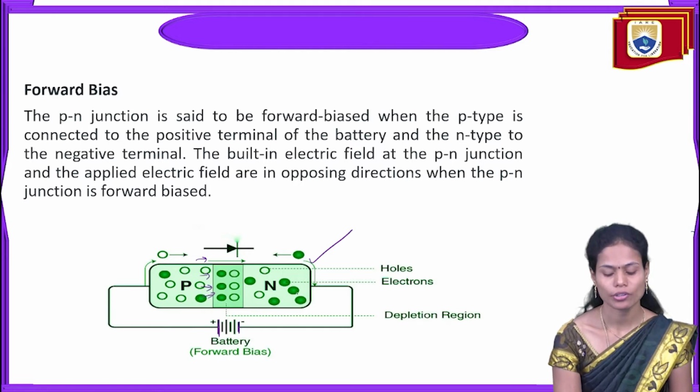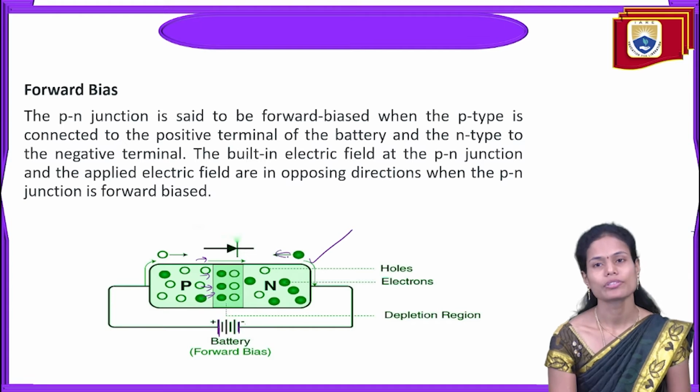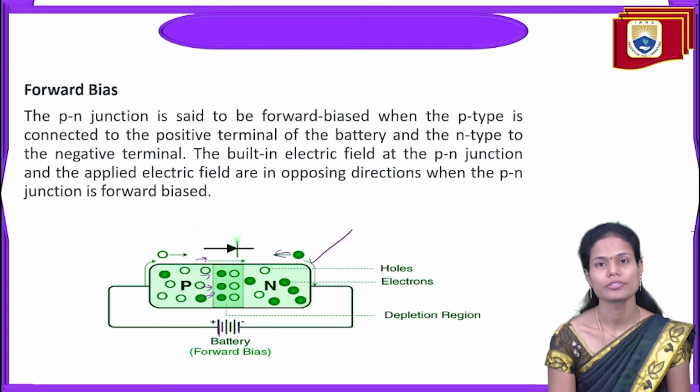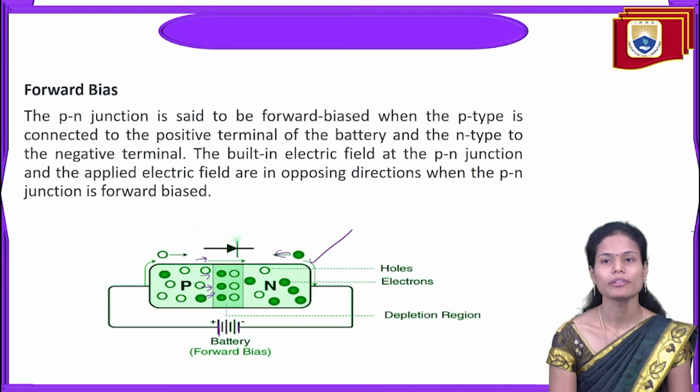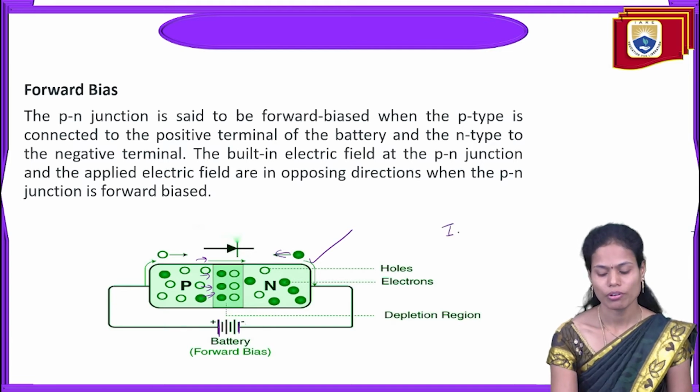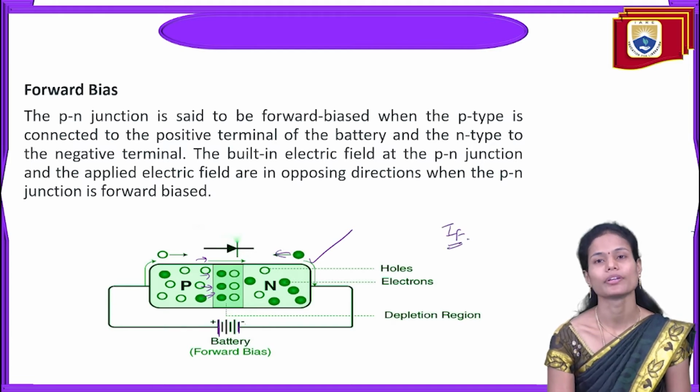Similarly, the electrons present in the N type material are repelled from the negative terminal of the battery and move toward the junction. So the electrons and holes diffuse towards the PN junction, and the depletion region width decreases. Once the depletion region width decreases, the movement of charge carriers increases, so there is a flow of forward current in the diode.